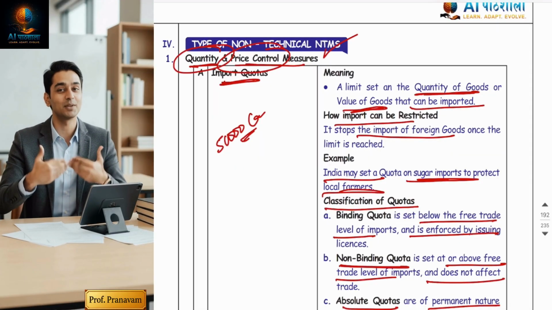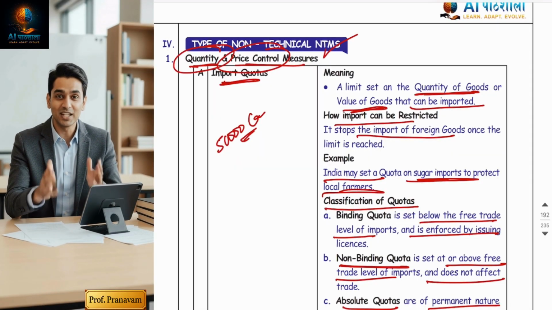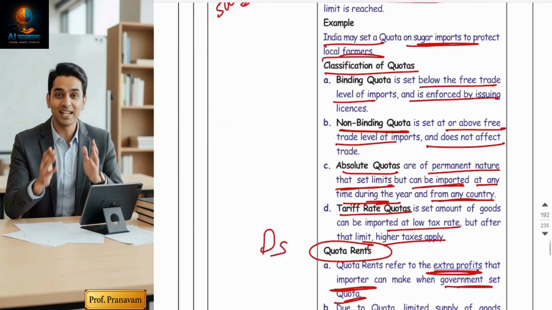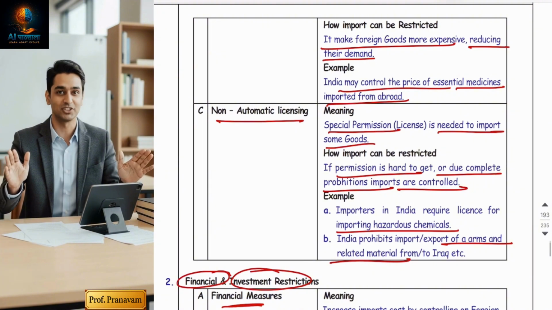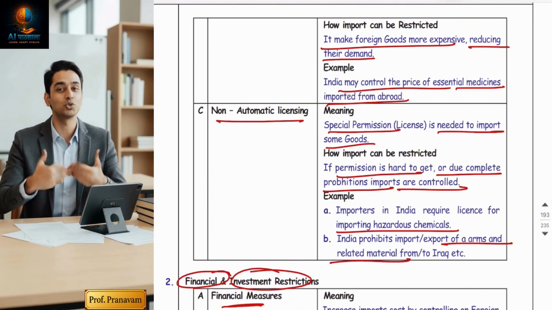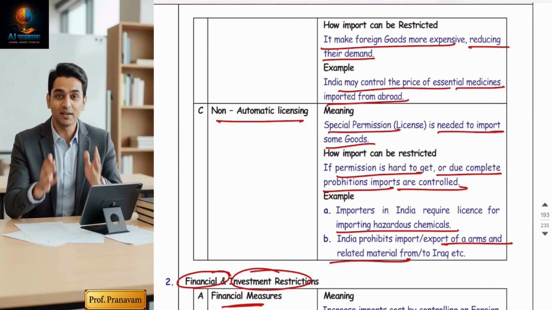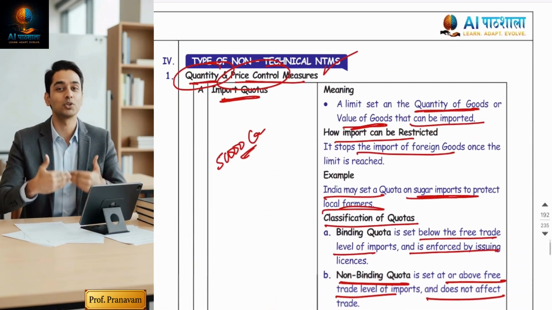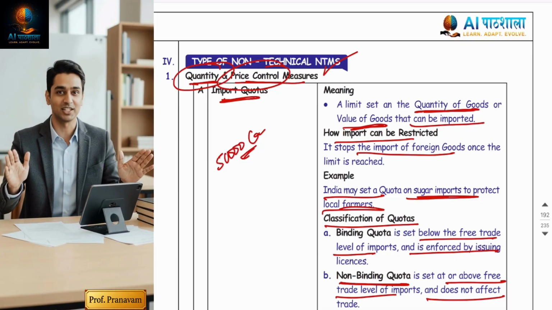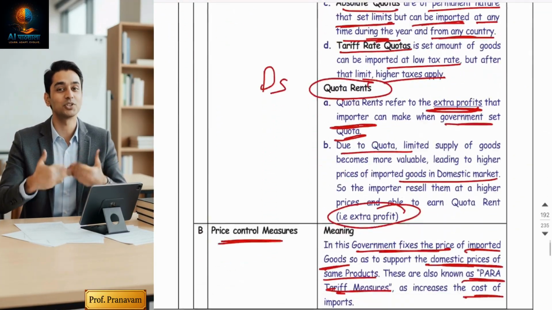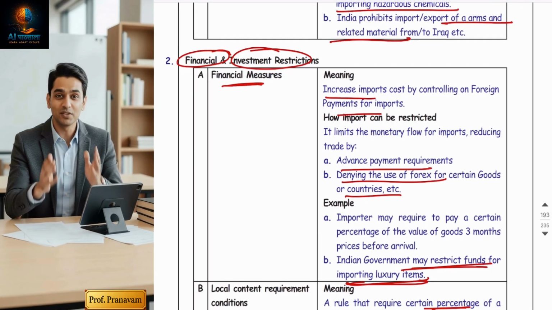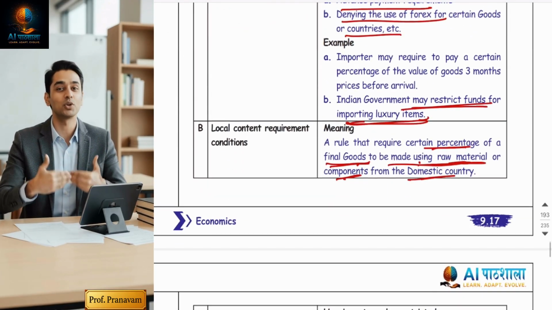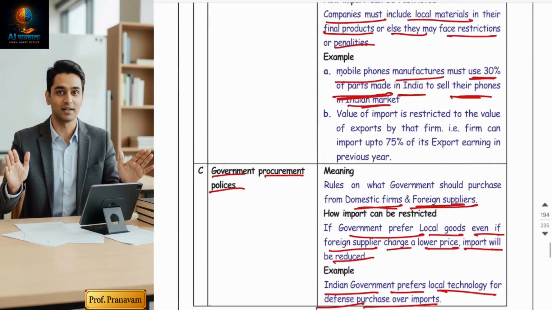Imports were getting restricted by making it difficult through the quality of the products, hazardous chemicals and all, by imposing the license. In the second, quantitative restriction, a quantitative limit has been set and price control to restrict the import. Also foreign exchange and monetary control has been set to control the imports.